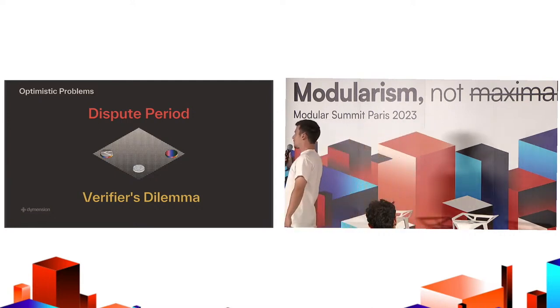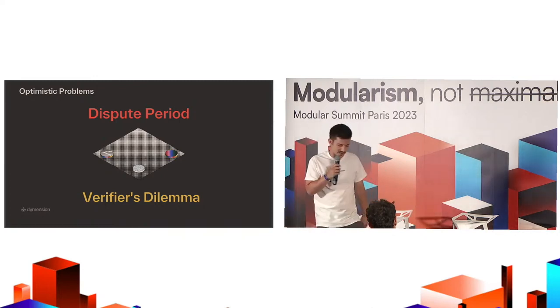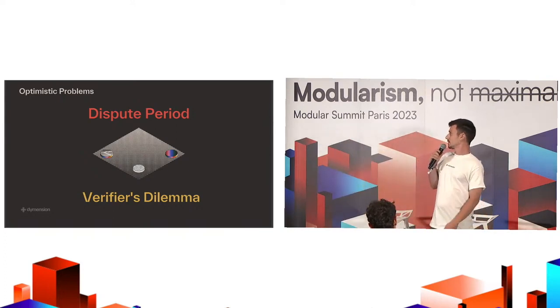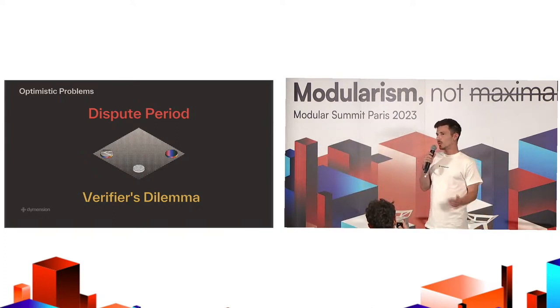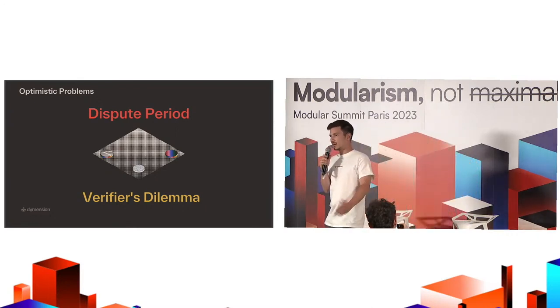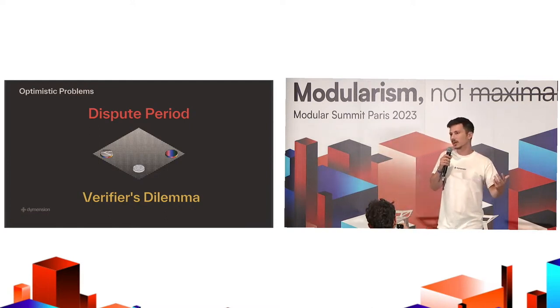But there's another setback that's not that well known, or that people don't commonly talk about or think about: the verifier's dilemma. The verifier's dilemma is the situation where a sequencer is honest, and has been honest for quite a while, and other full node operators don't have any incentive to run a full node for a rollup.